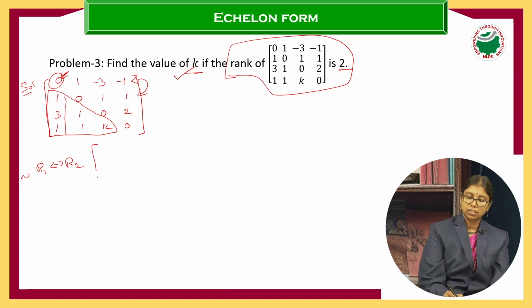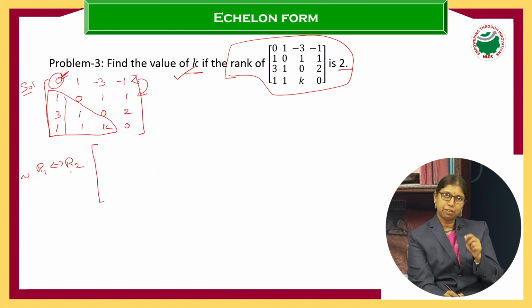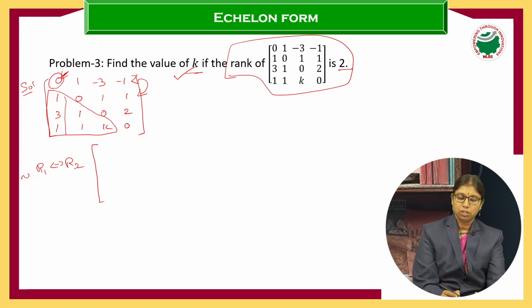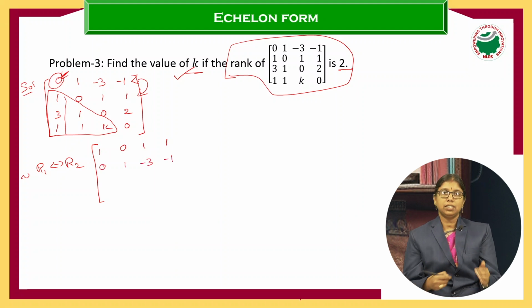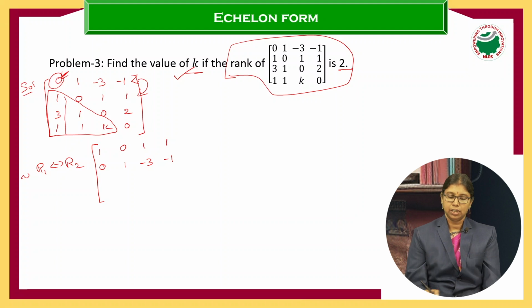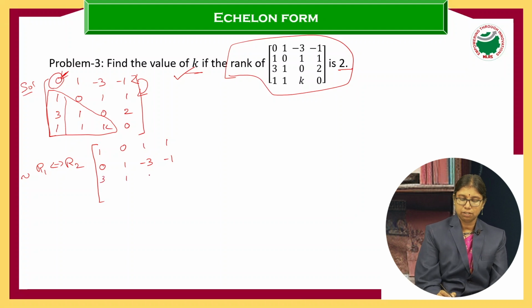So instead of R2, you have to write down R1, and in place of R1, you have to write down R2. So in place of R1, I am taking R2: 1, 0, 1, 1. Next, R1 is 0, 1, minus 3, minus 1. I just changed the places of two rows. And the remaining rows are as they are: 3, 1, 0, 2; 1, 1, k, 0.